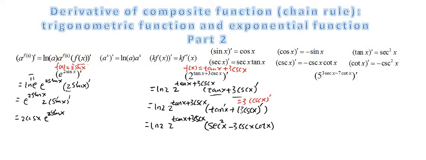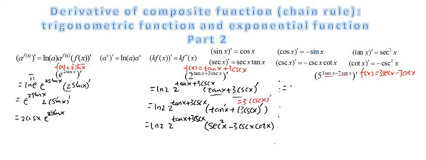Okay, now let's take a look at the last example. The last example, we can tell what f(x) is. This f(x) is 3 secant x minus 7 cotangent x. Okay, now let's follow the formula.